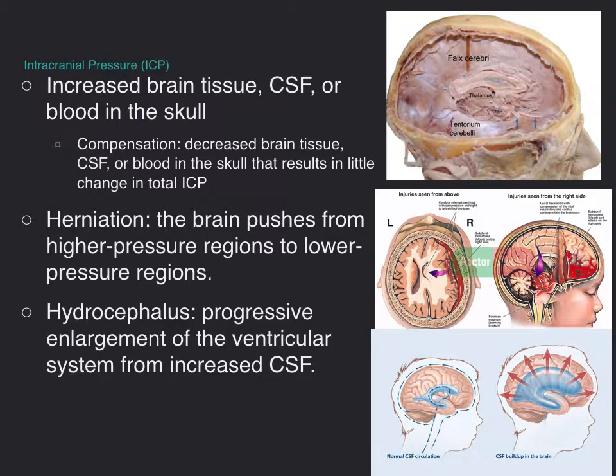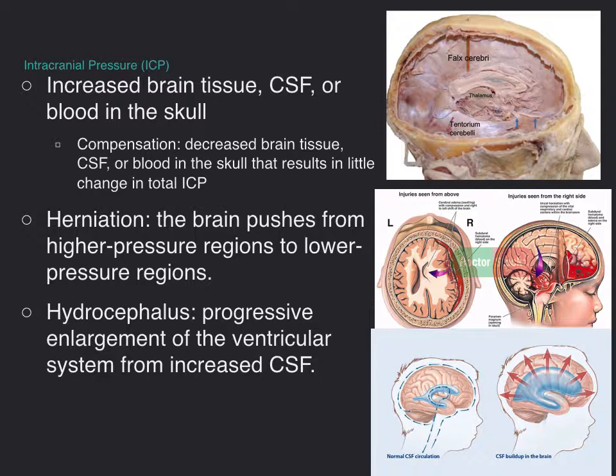So if you look at this picture over here, it's not that hydrocephalus doesn't happen with adults, but we see more hydrocephalus in young children. You can see what the normal size and shape of the ventricles are, and then the dotted lines are showing the circulation of the CSF.